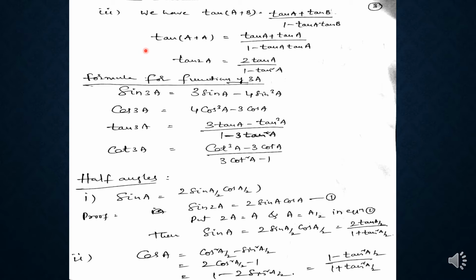Using the cos 2A formula in terms of sin, sin A into cos 2A means sin A into 1 minus 2 sin square A, plus cos A into sin 2A, which is 2 sin A into cos A. That becomes 2 sin A into cos square A. Again we have to write cos square A in terms of sin. By applying all the sin terms in this formula, we get sin 3A is equal to 3 sin A minus 4 sin cube A.